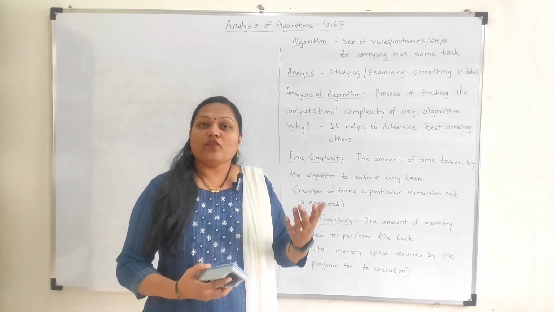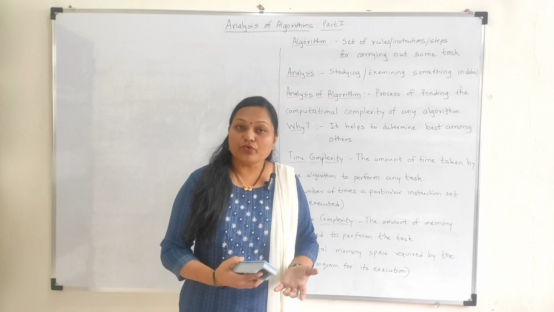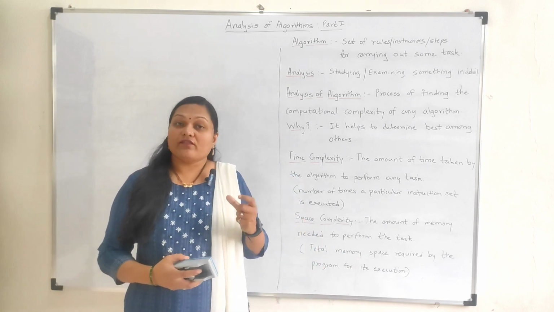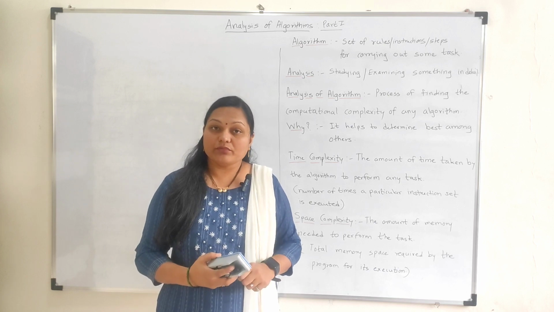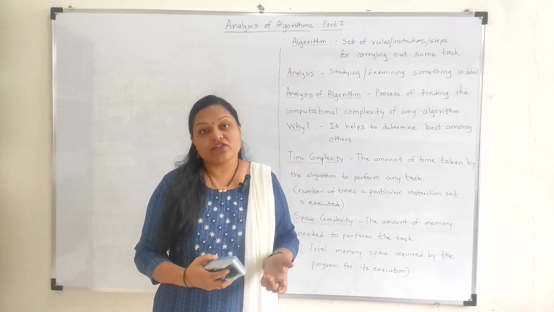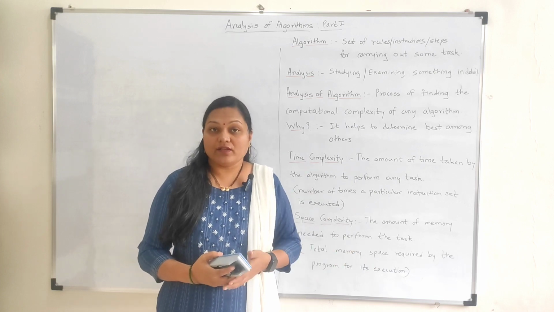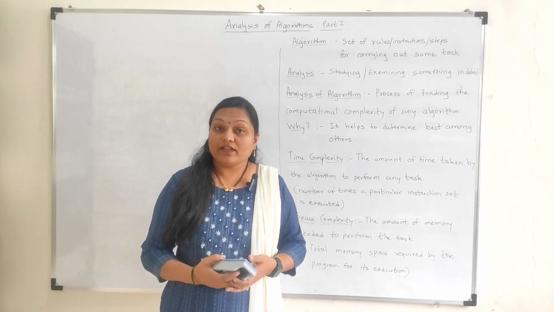For example, if you want to perform addition of two numbers, what you require, you first of all require the values of those two numbers, and after performing addition of those two numbers you need to store that value in another variable. So you require three variables.